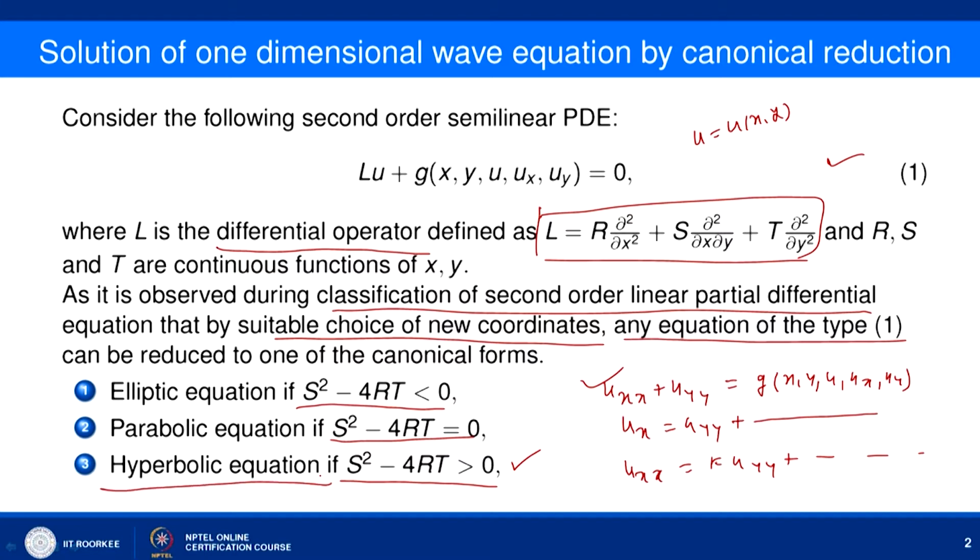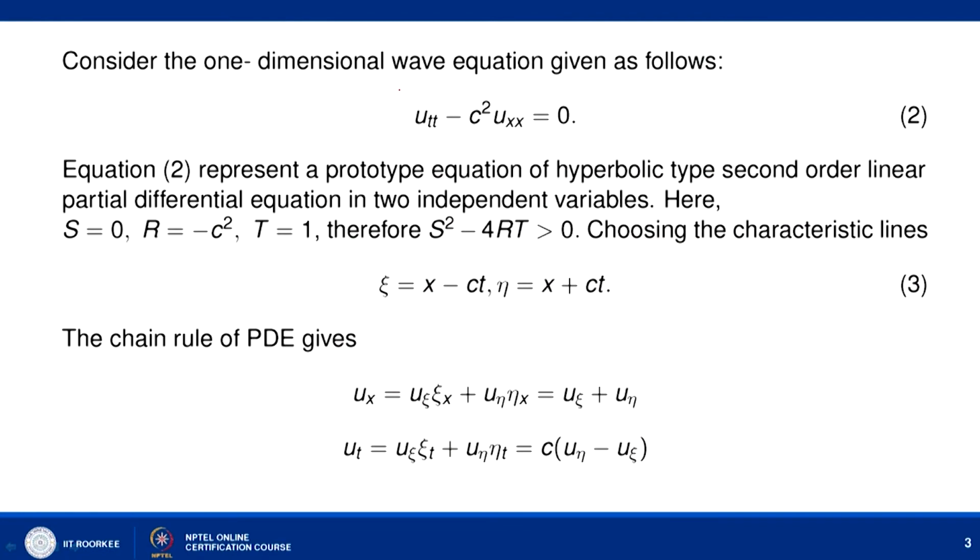If our problem is a hyperbolic equation, then we can always reduce it to the form uxx equal to some constant times uyy plus some function g of x, y, u, ux and uy. In this lecture we simply consider the homogeneous part, that is uxx equal to k uyy, where k is some constant.